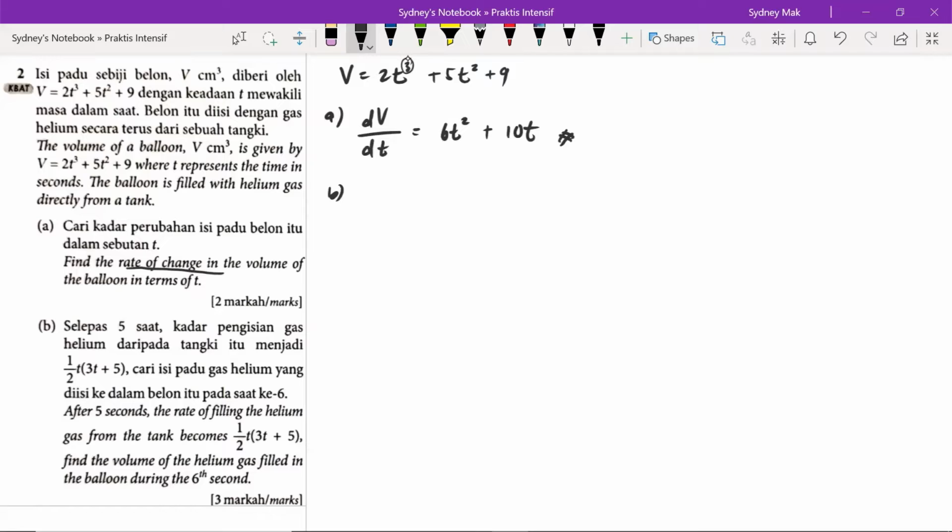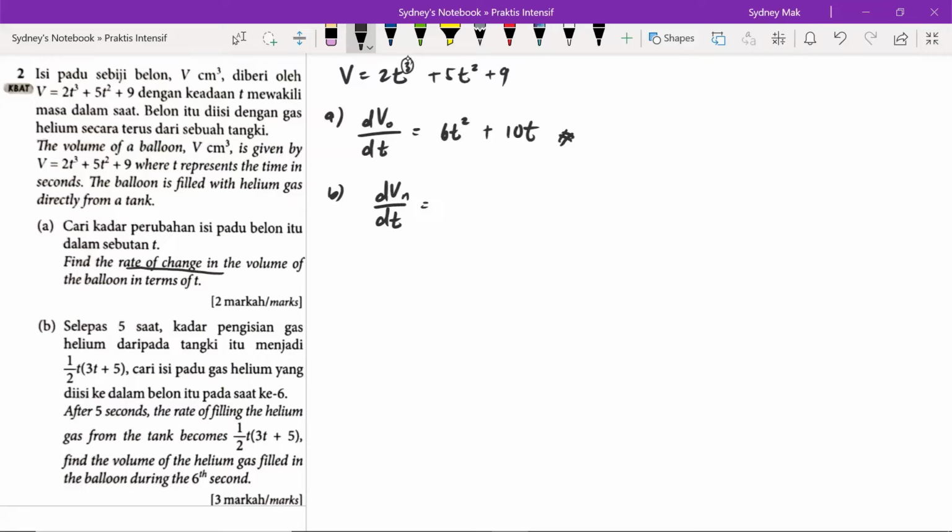And part B, after 5 seconds, the rate of filling the helium gas from the tank reduces. Instead of 6t squared plus 10t, it becomes half t times 3t. So this is the new rate of change, and this is the original.